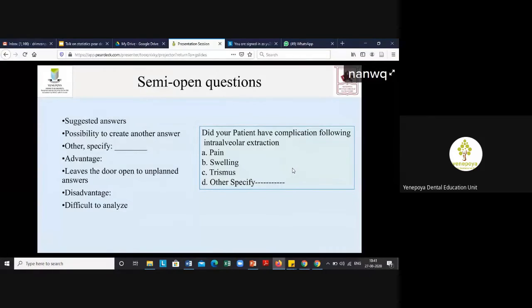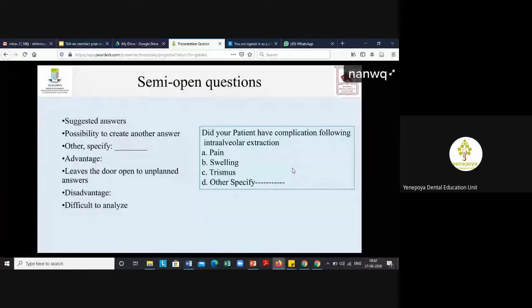So semi-open questions can also be designed. You can see here I have designed a semi-open question. Did your patient have complications following intra-alveolar extraction? That is basically impactions. So pain, swelling, and trismus, these are the three things which we usually expect. The last one is, if any others, specify. So it gives me other complications the patients have gone through after extraction.